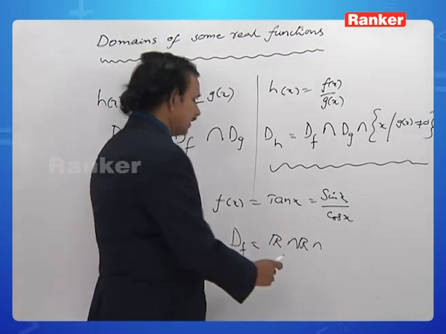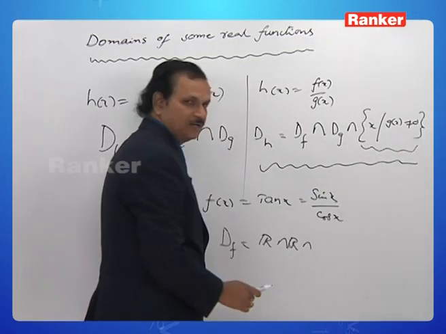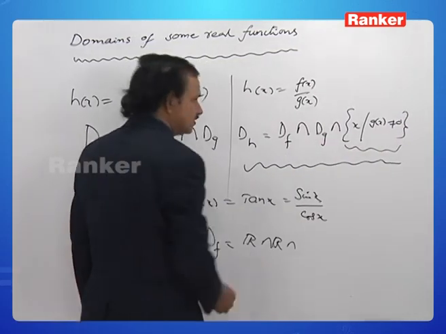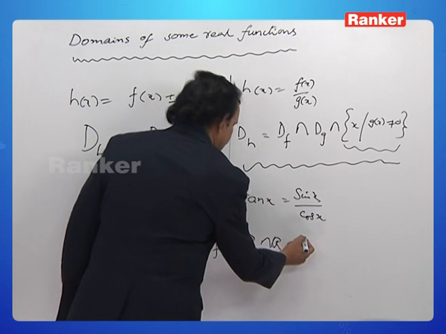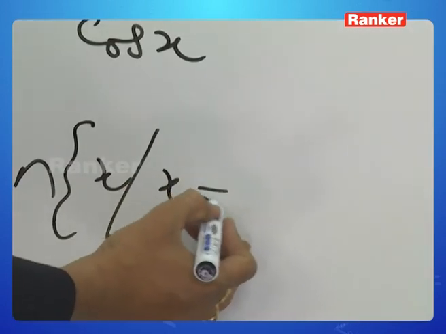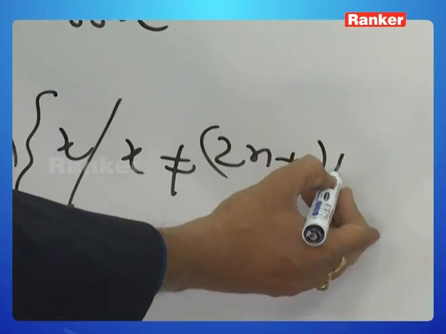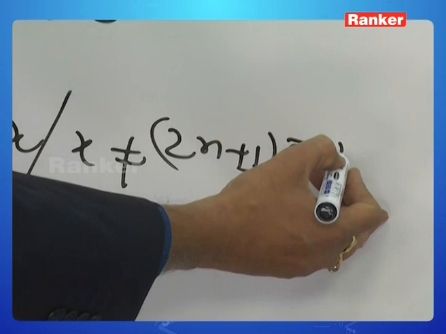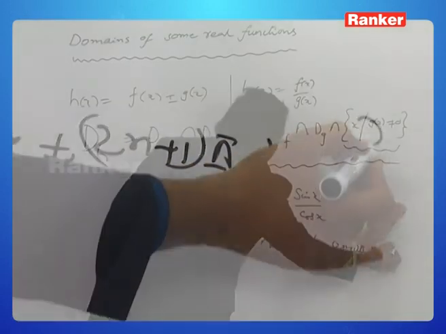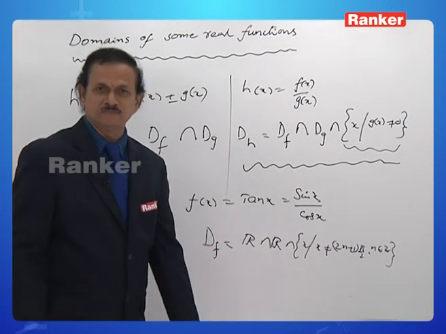Therefore, this particular set in this case is equal to the set of all x's such that x is not equal to (2n plus 1) into pi by 2, n belongs to Z. Z is the set of integers, of course.